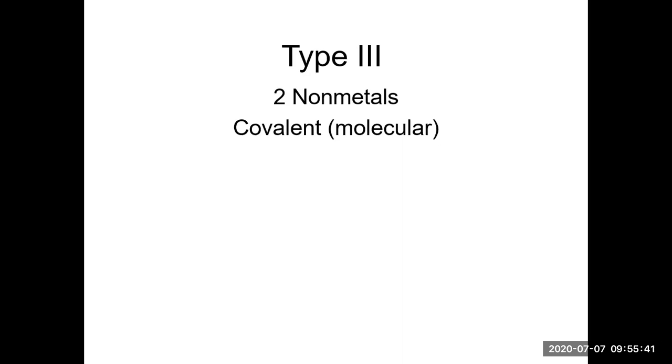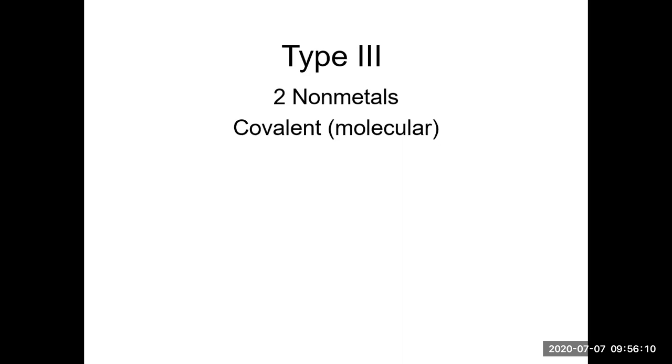We also saw polyatomic ions, which are groups of nonmetals that are held together through covalent bonding. But as a whole unit, once they're bonded together, they do have a charge, which is what makes them ions. And with those, we pretty much just use the names of the polyatomic ions. For the most part, though, as we saw, most of them are negatively charged, which means when they hook up with something, usually it'll be a metal.